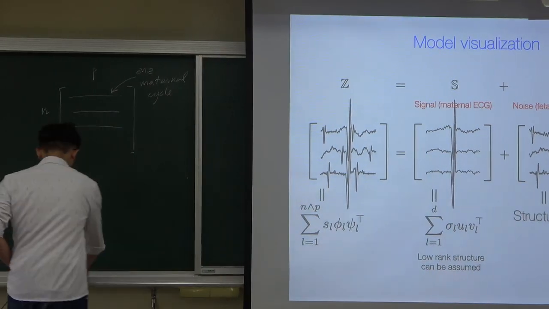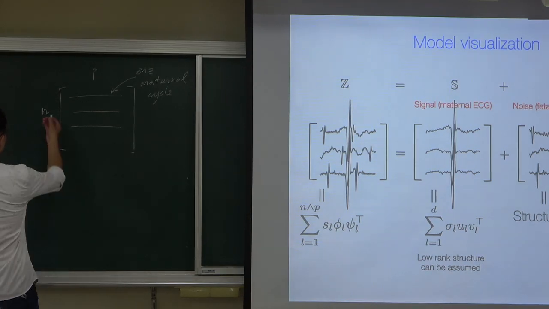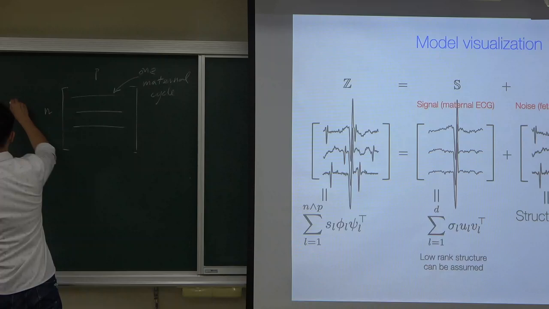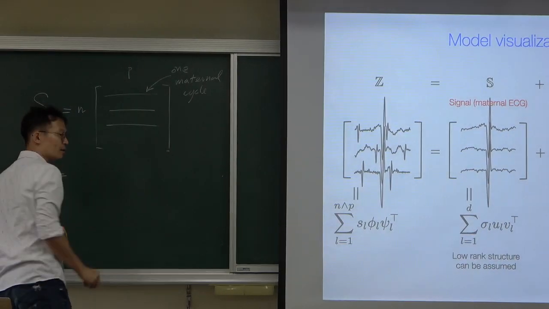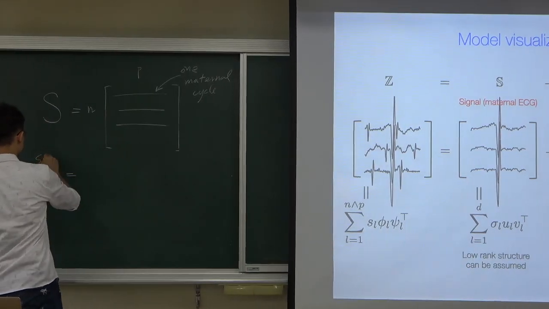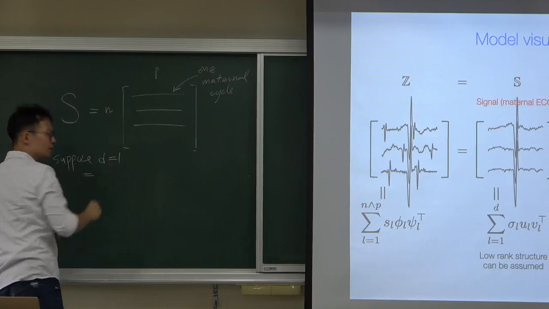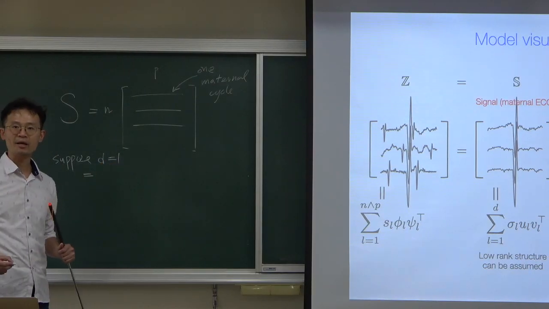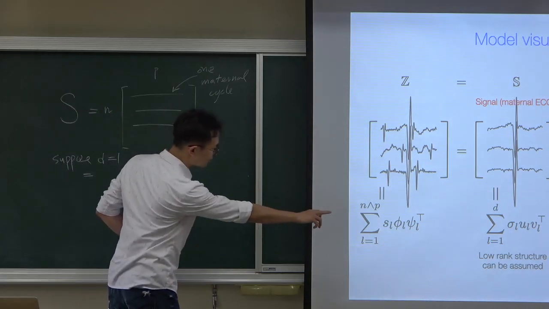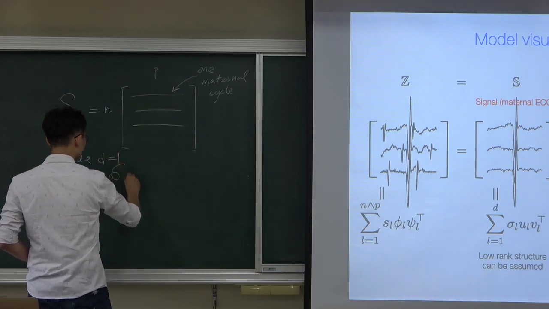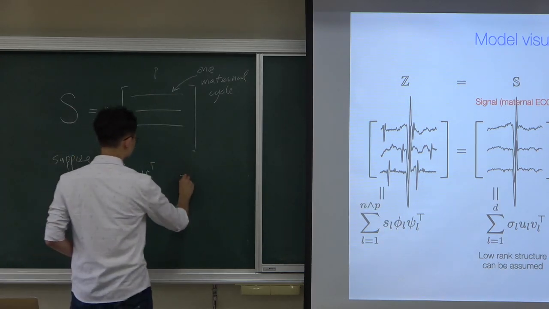If we look at the meaning of this low-rank structure, suppose I use S, S is this guy. Let's make the assumption D is 1, which is perfect. Only a rank 1 matrix, very easy. Then according to the formula, it is sigma U V transpose, where sigma is positive.